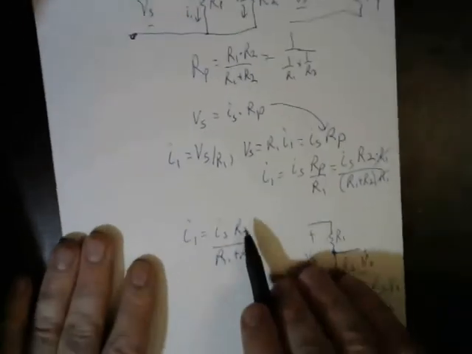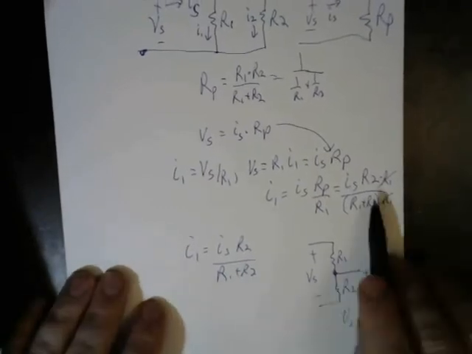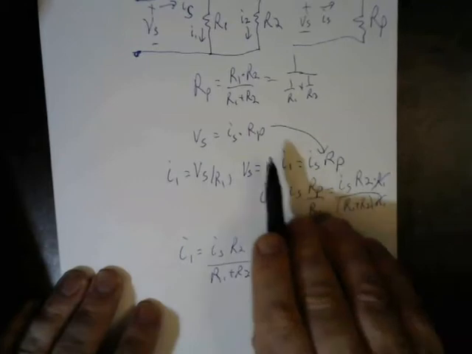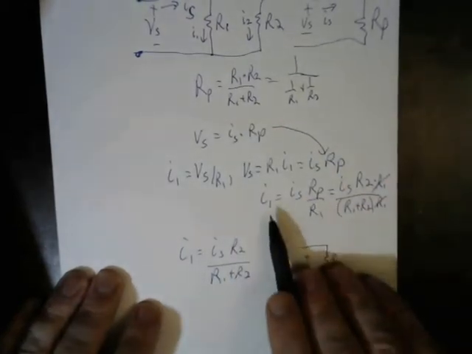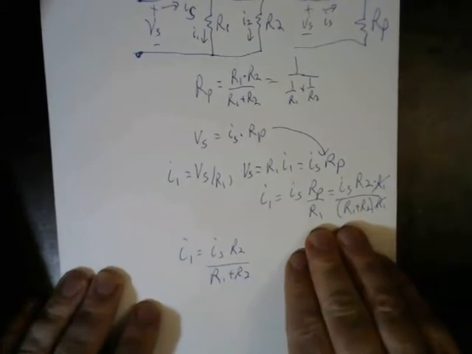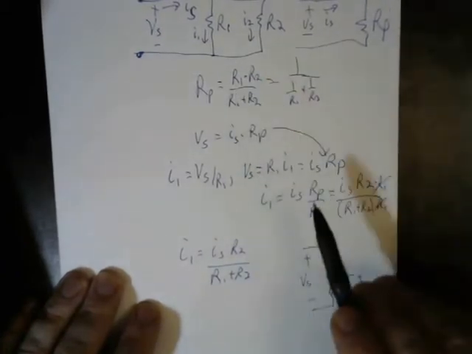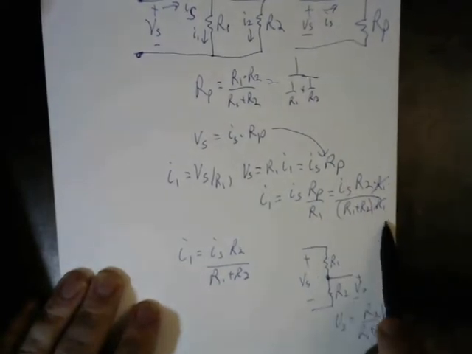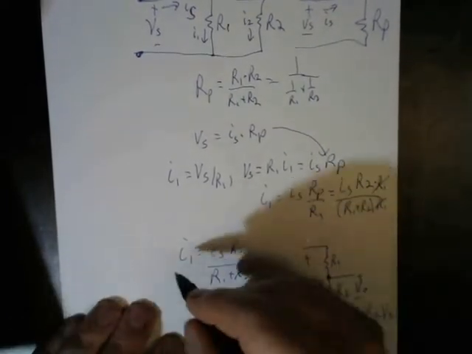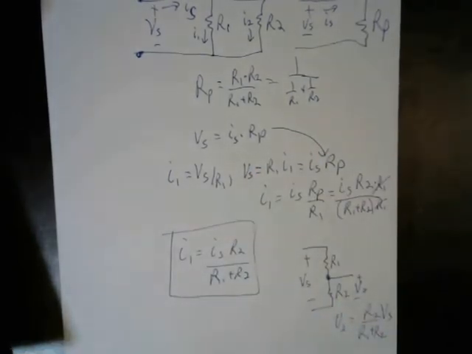It's related to the opposite resistor divided by the sum. And that's just because of the math. When you take R parallel here, I1 is equal to IS times R parallel, that's the voltage, divided by R1. And so you end up with an R1 in the numerator and then an R1 in the denominator that cancels and you get R2. So that is the current divider equation for a parallel circuit.